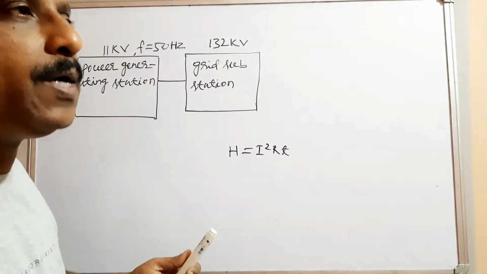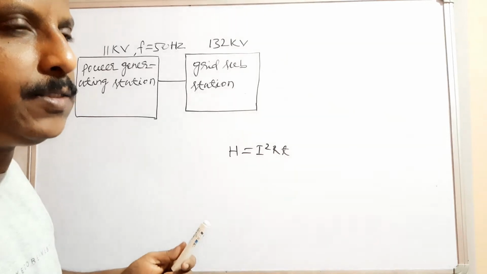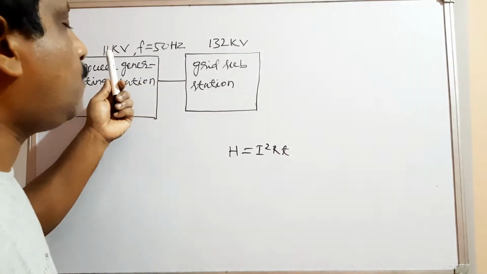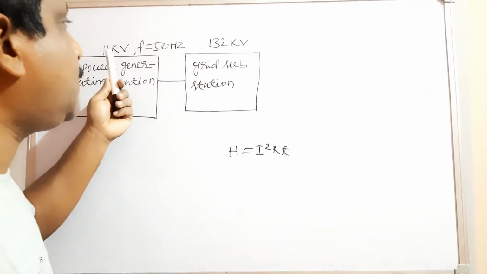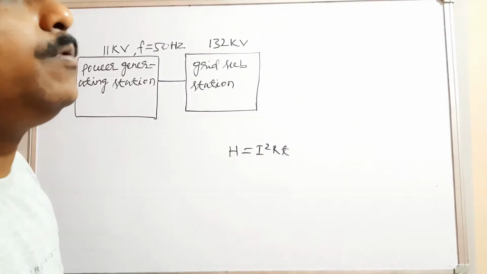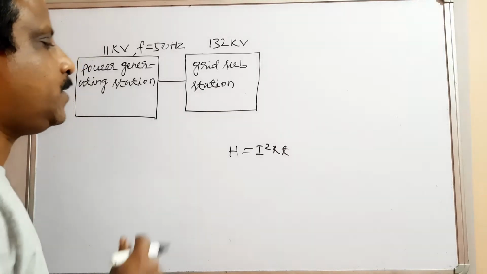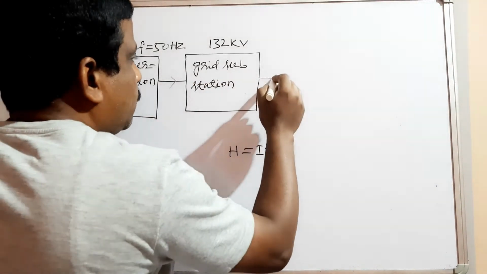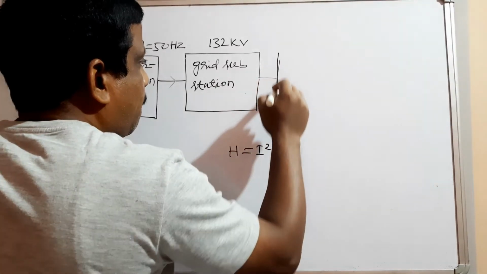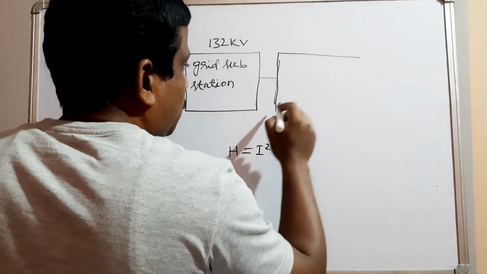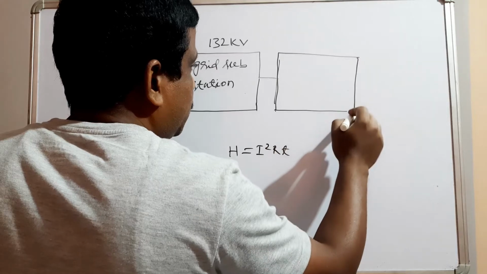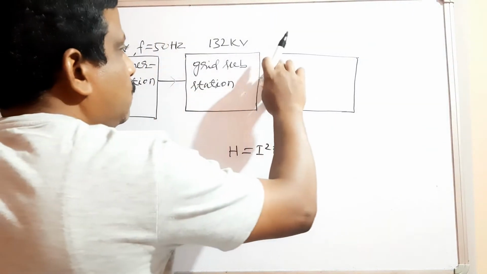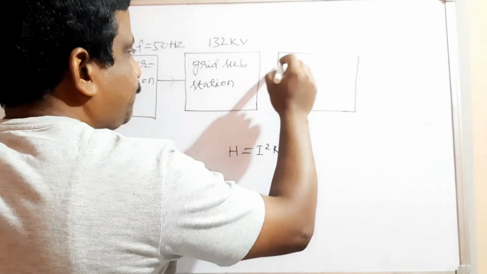So to minimize that loss of electrical energy in the form of heat energy, we have to raise the voltage of the generated power from 11 kV to 132 kV. Then it is supplied from the grid substation to the main substation.